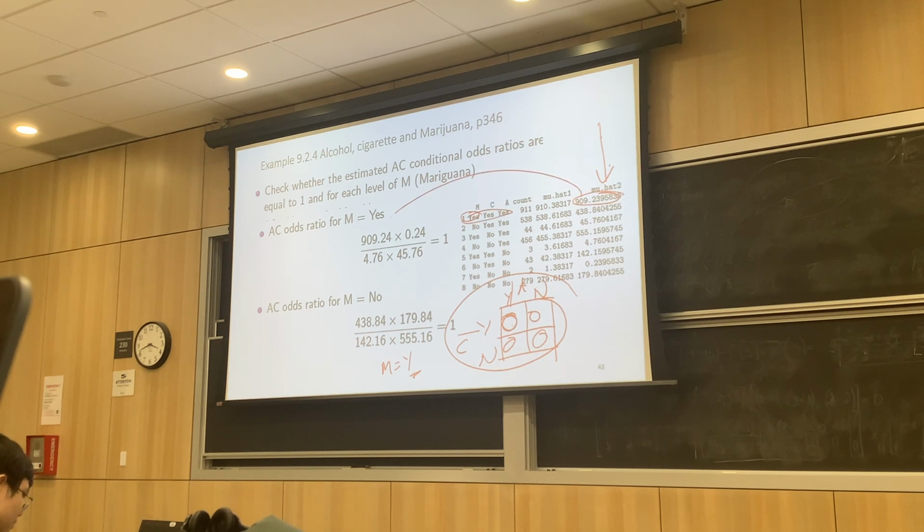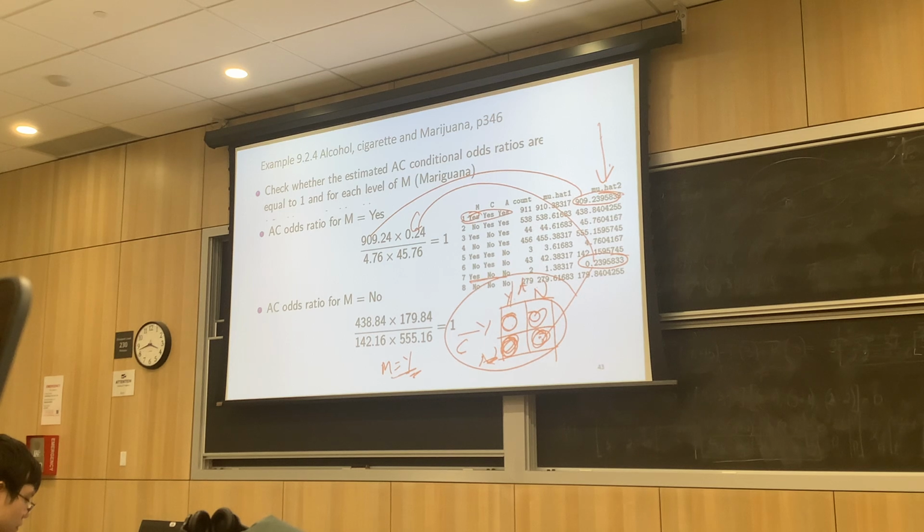And I pick that one here. And this one is cigarette no, alcohol no, marijuana yes. So marijuana yes, cigarette no, alcohol no, this one. And for that one, here's the predicted value. So this one is that. And then divided by this times this, right? And this one is marijuana y, cigarette no, alcohol yes.